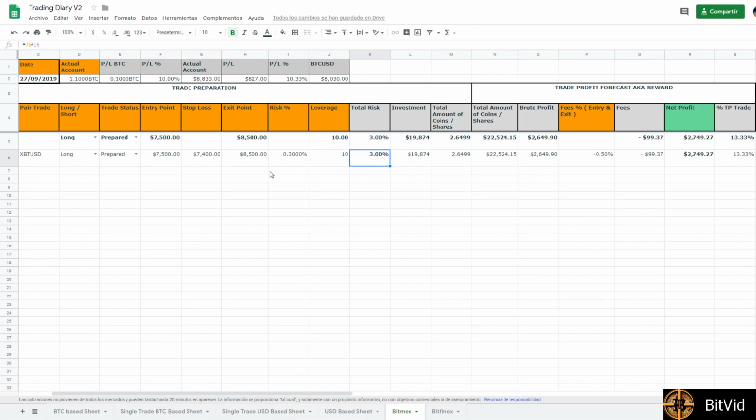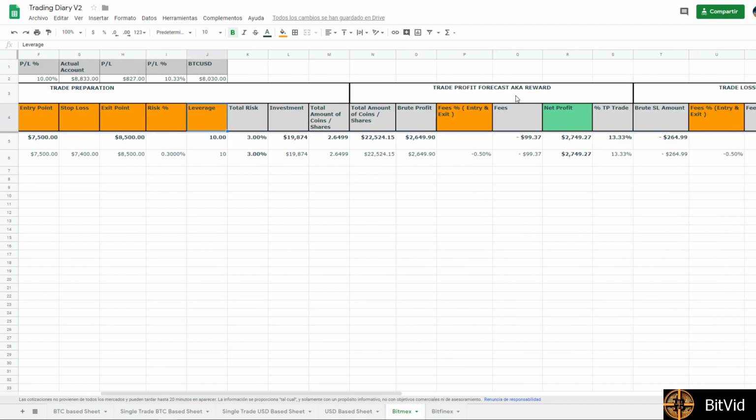We have finished the preparation. We know where we have to enter, we know where we have to stop, and we know the exit point. We know the risk. So now we will see what our forecasted profit is. The thing that we have to fill here is the percentage of fees. In the case of BitMEX, if you enter a limit position, you are paid for entry and also for exit. So in that case, we will be paid for the trade.